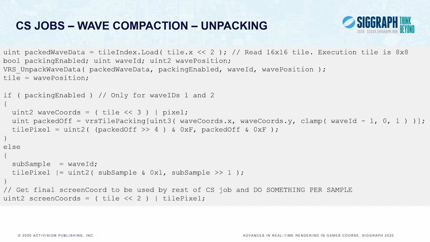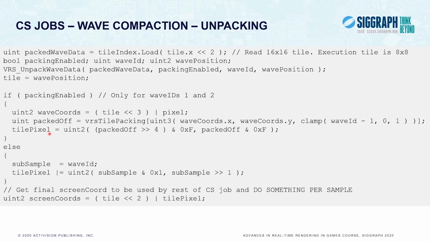Then when actually using this kind of shader, we would read a 16 by 16 tile data worth in an execution tile of 8 by 8. For each of the wavefronts, we would need to identify it by reading its own data. From that data, we would know if the wave is actually having packing enabled, we would know its wave ID and its wave position within the tile. Then, if packing is enabled, we would have to read the additional VRS tile packing buffer using the wave ID.